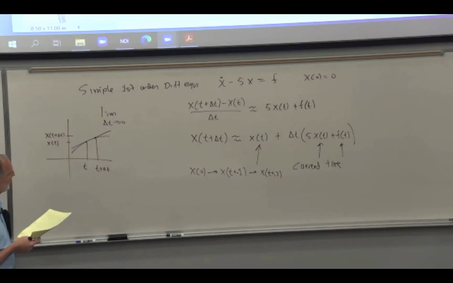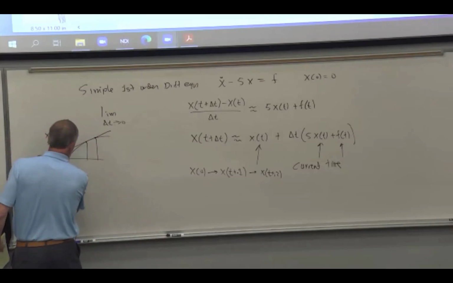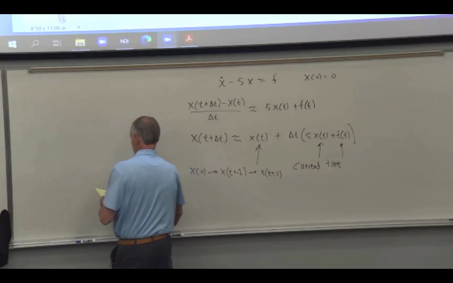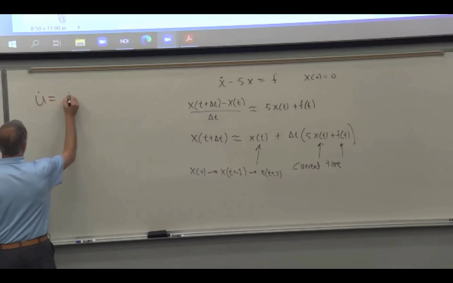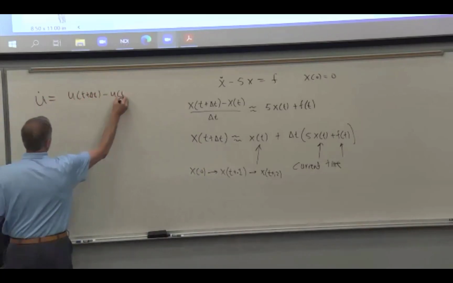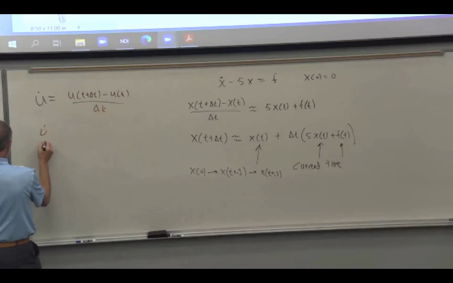So you can do the exact same thing with the dynamics for the airplane. We have single derivatives in the equation. So in the equations of motion, everywhere you see u dot, you write the finite difference. Everywhere you see v dot, you do the same thing.